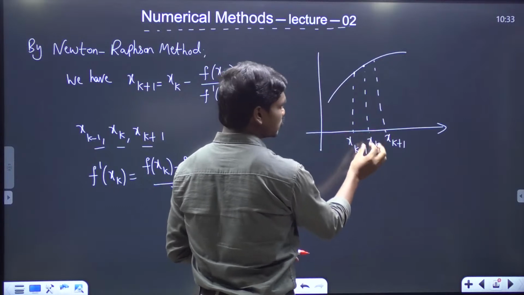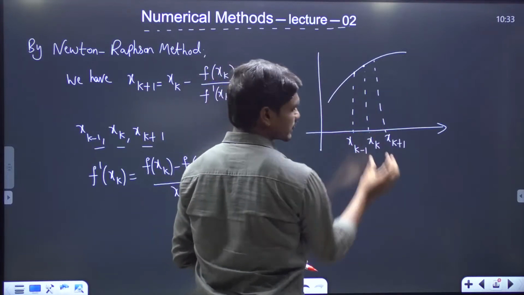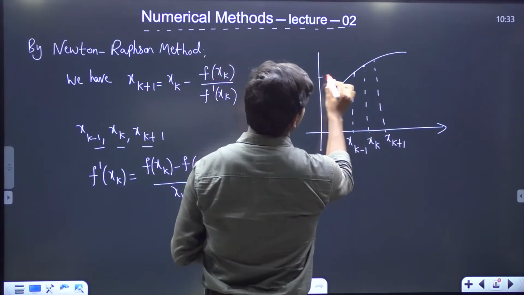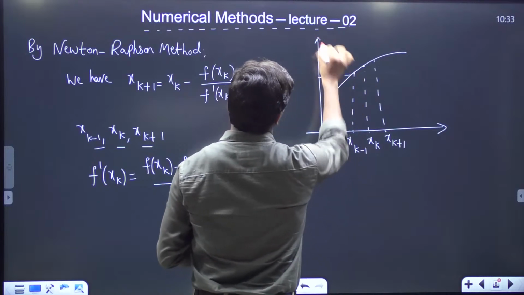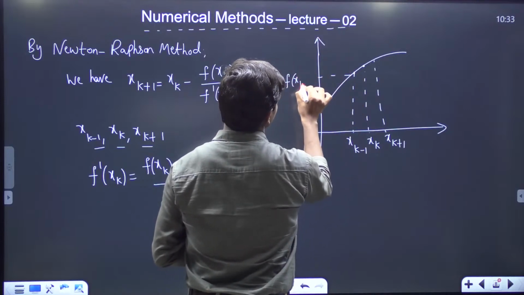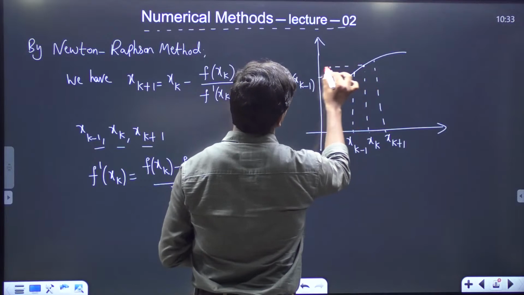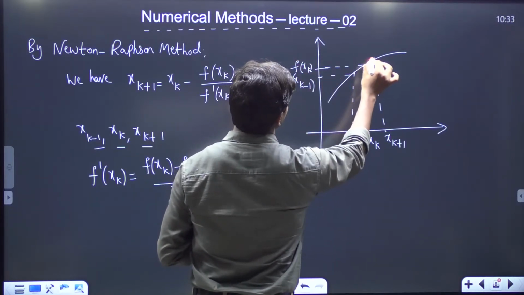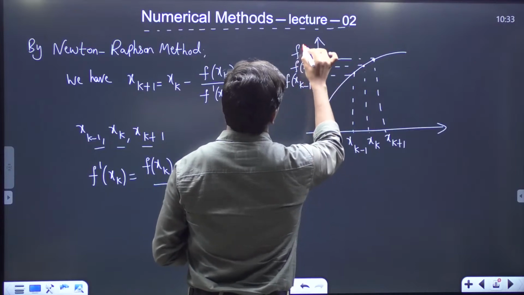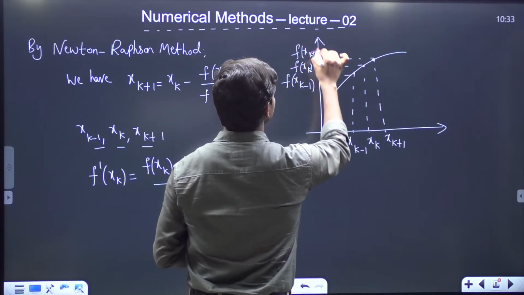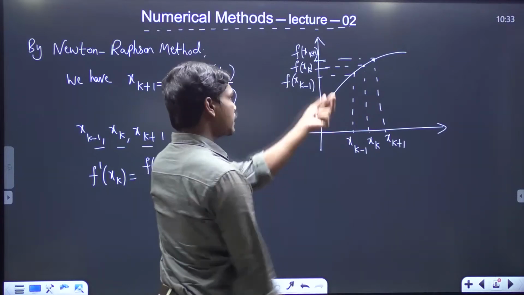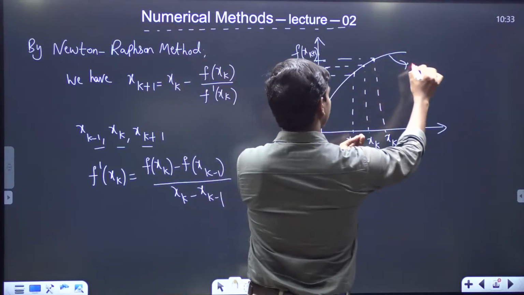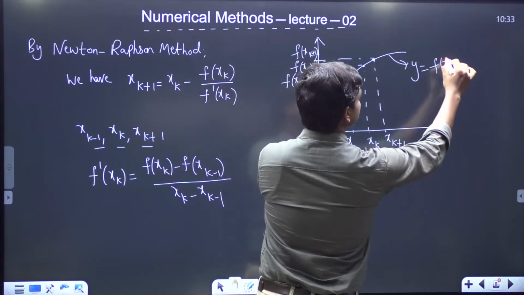Of course this value is f of xk minus 1, this value is f of xk, and this value here is f of xk plus 1. So if these are very close, then we can write the derivative of the function y equal to f of x at this point xk in 3 ways.